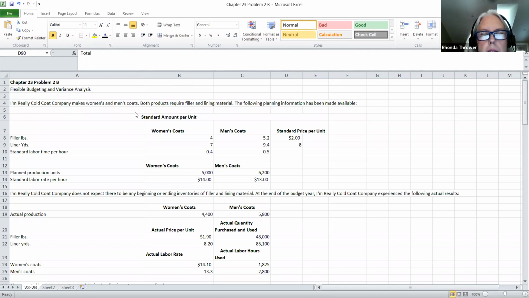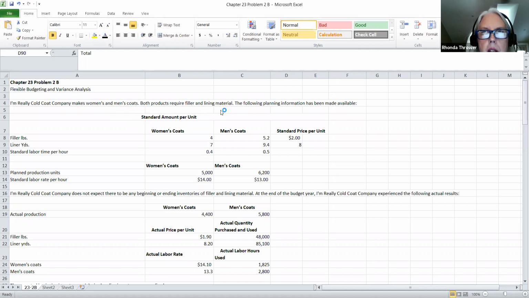So this time, what's different from what we have done in the last video is that we have two products that we're making. Women's coats and men's coats are going to be the products that we're going to be making. Both of those coats are going to require two materials, filler and lining.